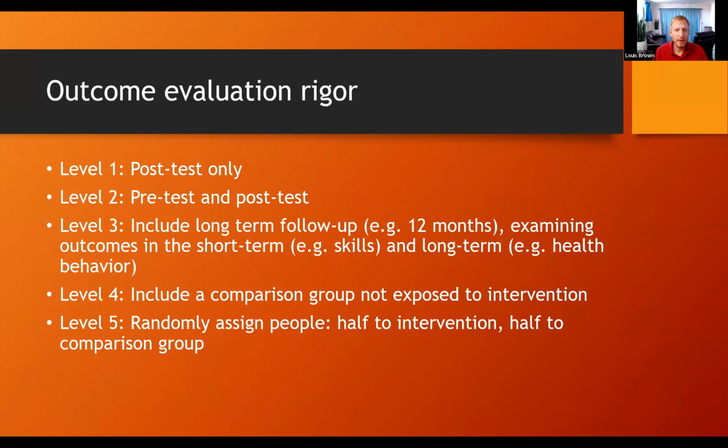So the most simplistic strategy for looking at outcomes, and by the way, this is from a quantitative perspective. I'll also talk some about qualitative methods, but this would be using statistics and closed-ended survey questions most likely.